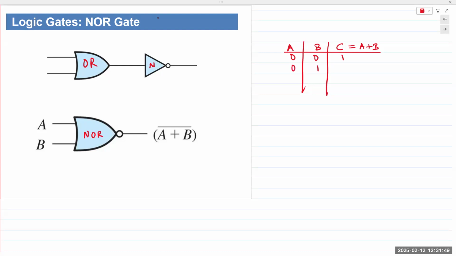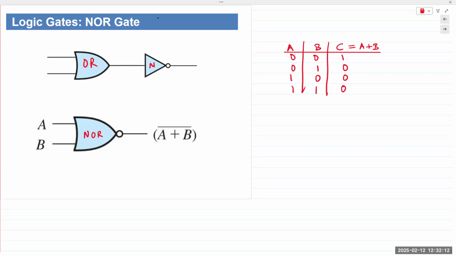How about 0 and 1? 1 and 0? 0. But 1 and 1? 1 plus 1 would give us 1, so we invert it, and the output would be 0.